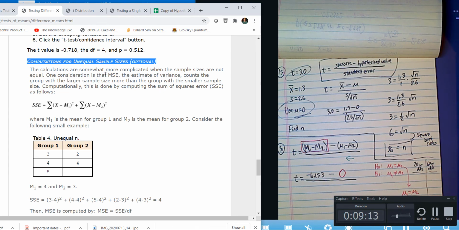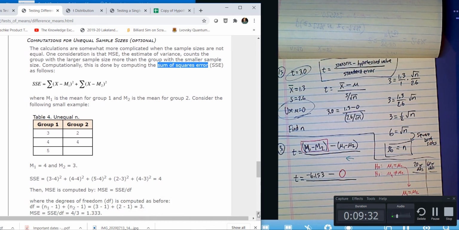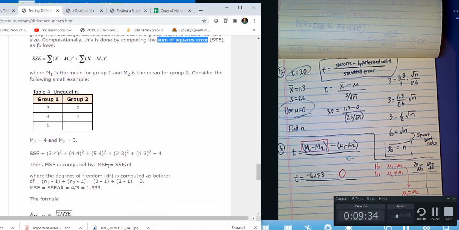The MSE estimate of the variance assumes that you have the same number of people in each group, but when you don't, you need to compensate using the sum of squares error. Then the MSE is computed by the sum of squares error over the degrees of freedom. So maybe I'll write some of that down.